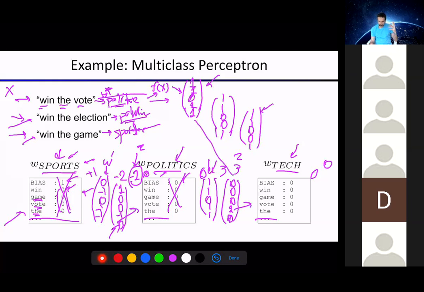For this one it would be 0, 0, 0, 1, 0, so it would be 1. For this, again, this has not been updated, so it thinks that it is politics, right? Is it correct? Yep, it is. So now it is correct.